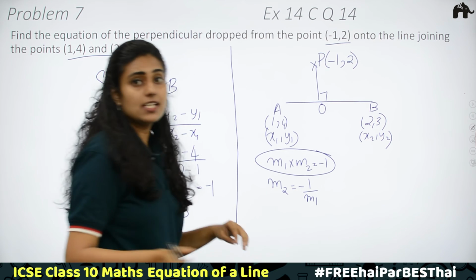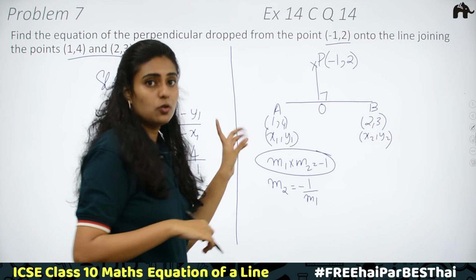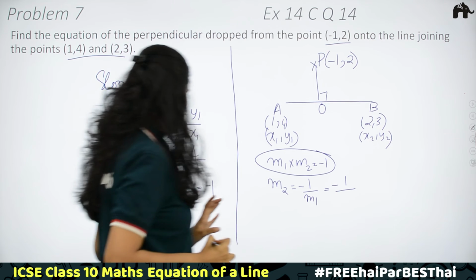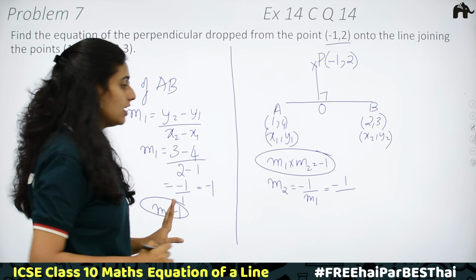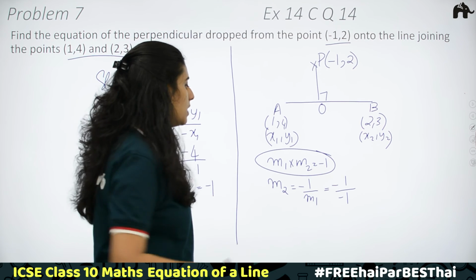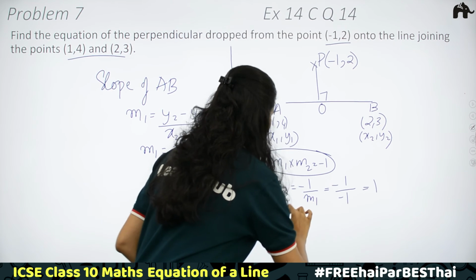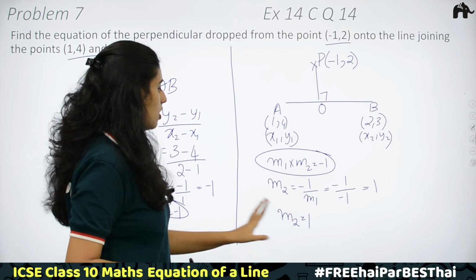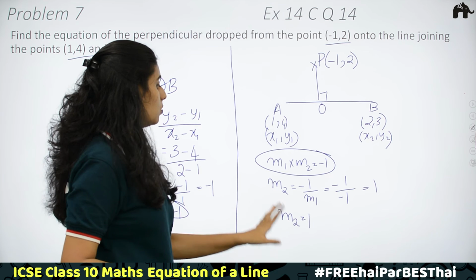All of this we have discussed in the previous class. If you haven't watched it, go watch it first. m2 is minus 1 divided by minus 1, which gives plus 1. Therefore, m2 is equal to 1.